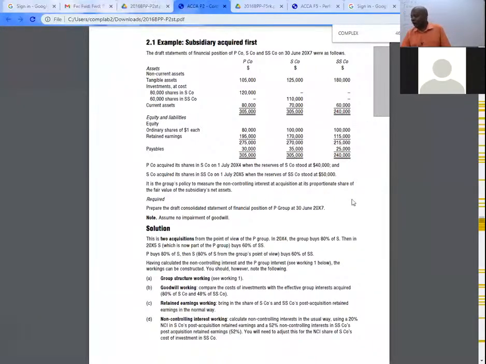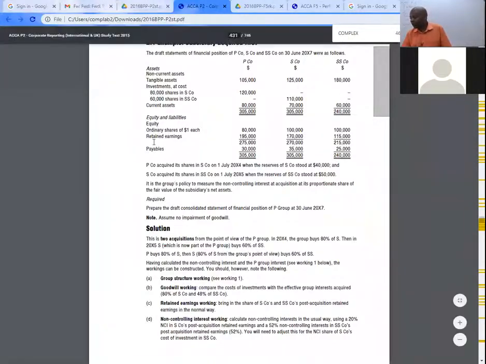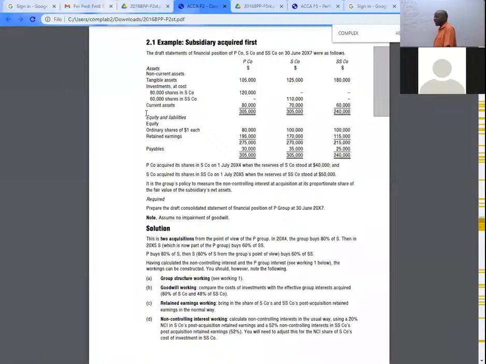We normally work with the parent's capital. So the parent's capital, what are you able to see? The parent share capital is 80,000. So here I hope you have written in brackets, parent share capital. This is a free mark. The parent share capital is 80.